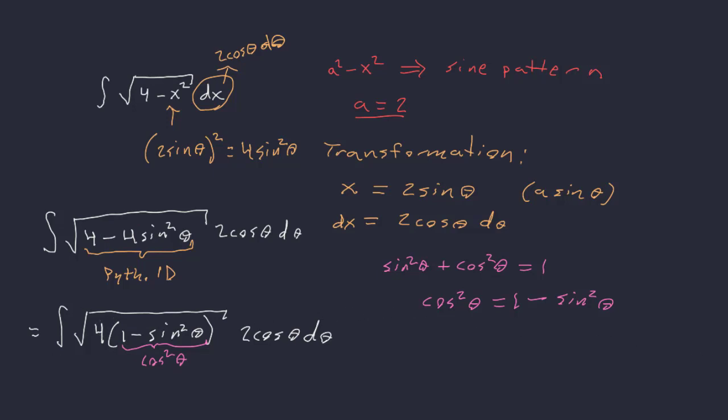Now, how I'll be doing it after this, what we're really doing is factoring, but another thing you can do is down here, just multiply everything by your a squared. And when you do that, you get that a squared cosine squared theta is equal to a squared minus a squared sine squared theta. So this will just save us some steps later on. So in this case, it would be 4 cosine squared theta is equal to 4 minus 4 sine squared theta.